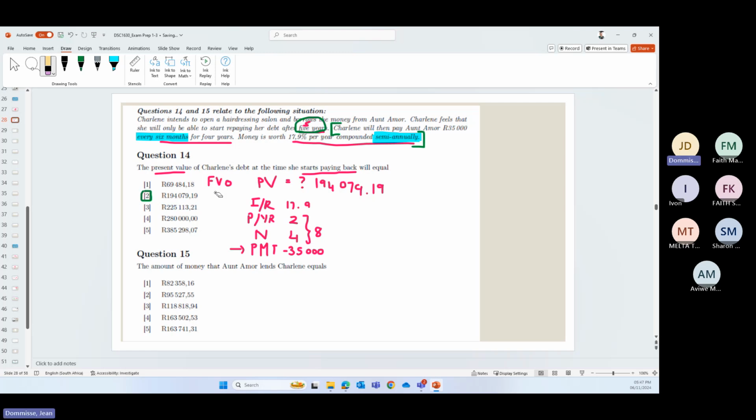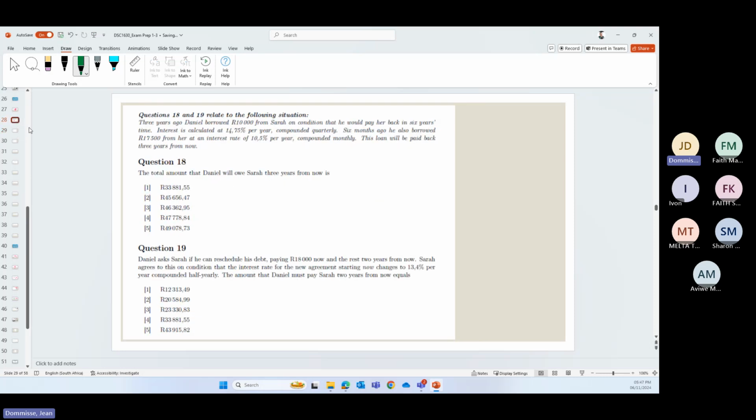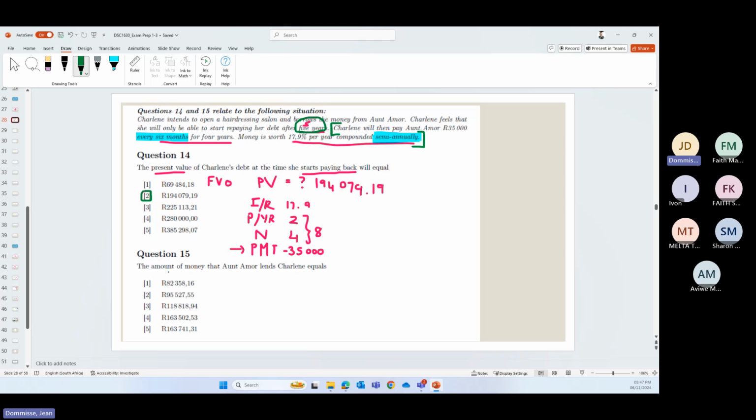So for the first one, we basically just looked at this 4-year period, working out the present value. Then we get to question 15, and I'm going to do it also on this page. Question 15 says, what is the amount of money that Aunt Almore lends Charlize? Or sorry, Charlene. Let's rewrite that in the time frame.